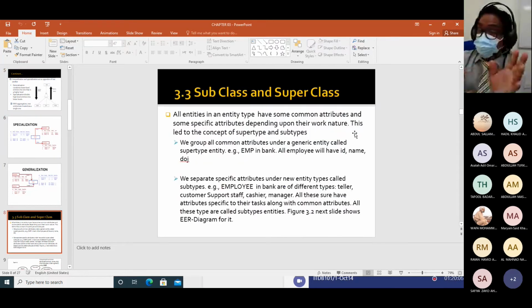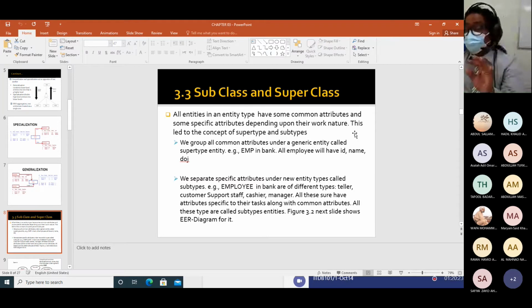Since we identify the superclass and subclass, there are some common attributes on the superclass, which they call the generic entity, and these are also common to the subclasses at the bottom.